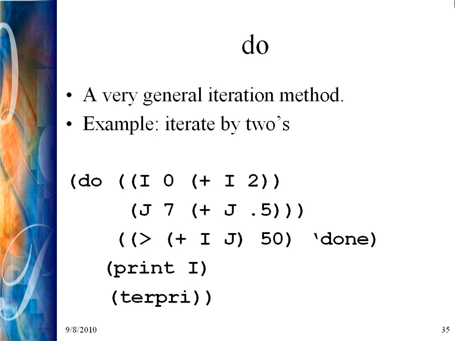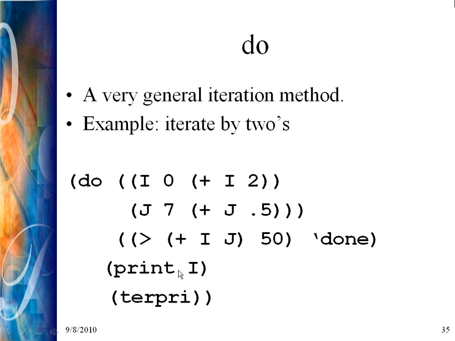And so this will go through. We'll start i at 0, j at 7. 0 plus 7 is not bigger than 50, so you're not done. Print 0 and print a new line. Then i is set to 2, 0 plus 2. j is set to 7.5, current value 7 plus 0.5. 7.5 plus 2 is not bigger than 50, so you're not done.